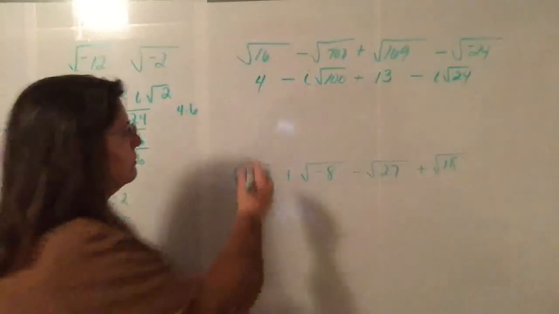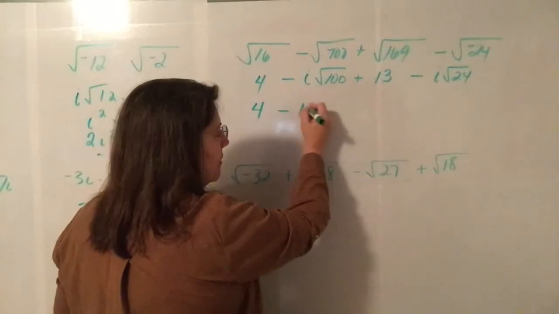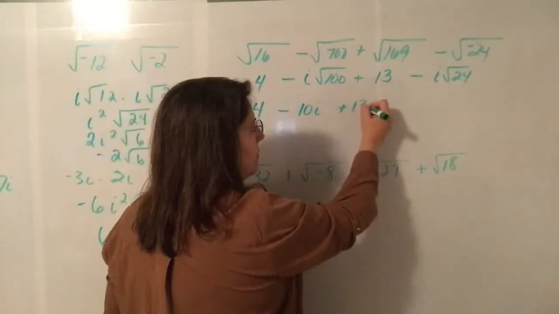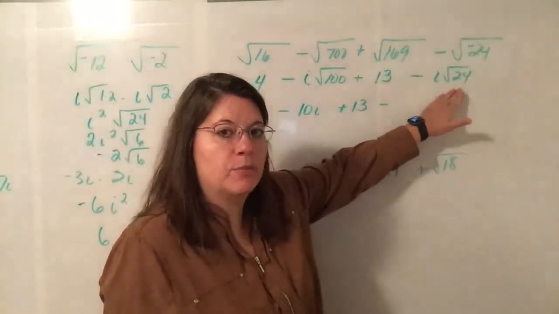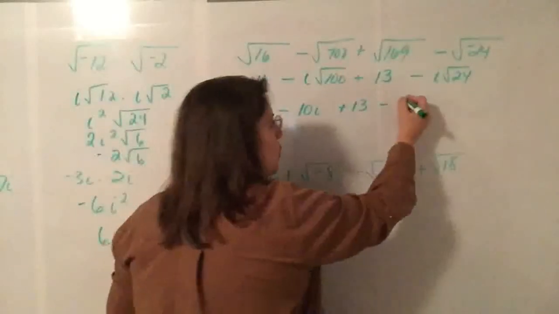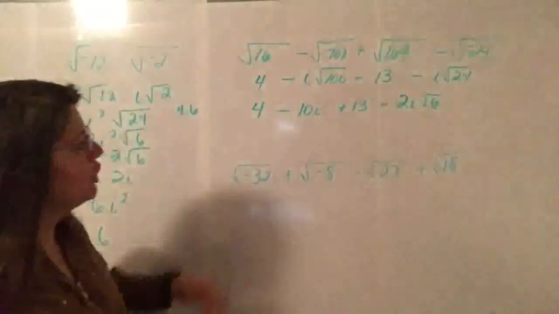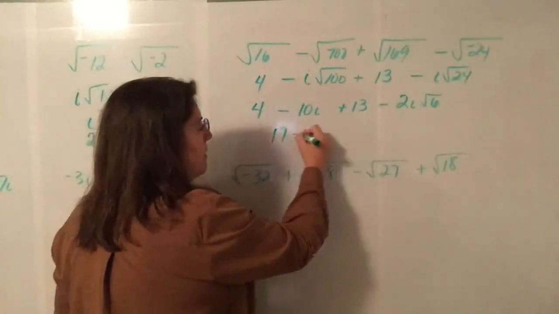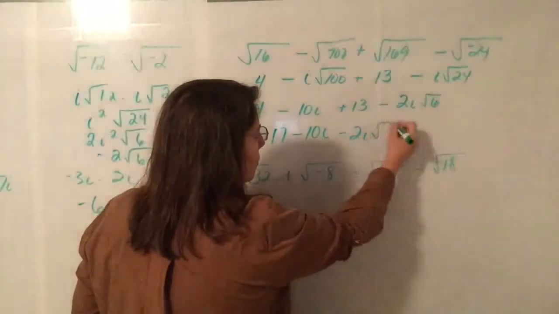I've got 4 minus 10i, because the square root of 100 is 10, plus 13, minus 24, again, is 4 times 6, so I can bring a 2 out. So that's 2i square root of 6. Then I will add my like terms. 4 plus 13 is 17, minus 10i, minus 2i square root of 6.